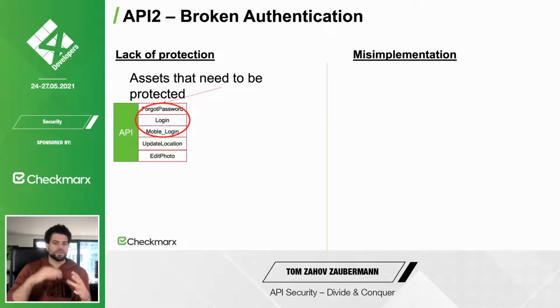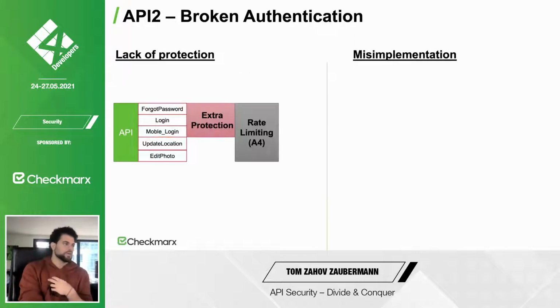If it's update location, maybe it's less risky than login, right? Login is the top security issue. If someone managed to bypass the login, then we're screwed, right? So first of all we need to make sure that we protect the relevant assets. So we put extra protection on the relevant asset, and of course rate limiting.